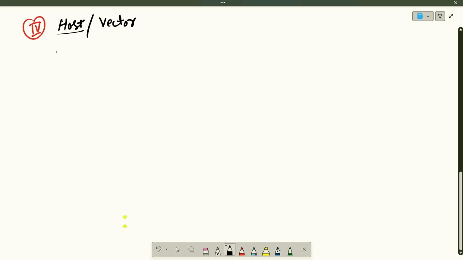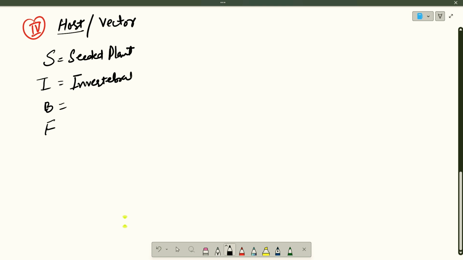In case of host, we have codes like S, I, B and F. S represents seeded plant, and I represents invertebrate, that means an invertebrate is the host of this virus. B represents bacteria, that means the virus is a bacteriophage, and F represents fungus. That means this virus attacks fungus.